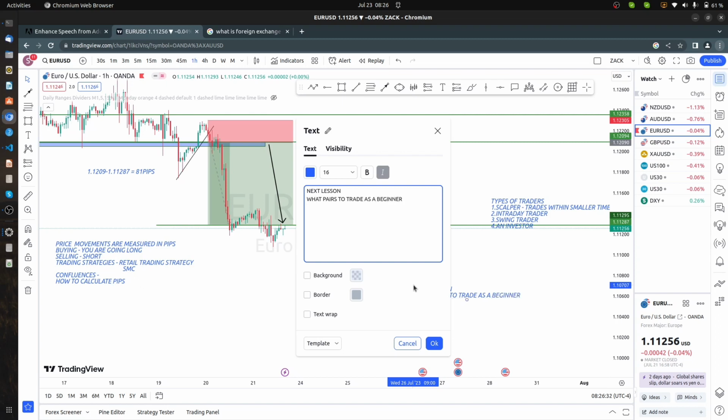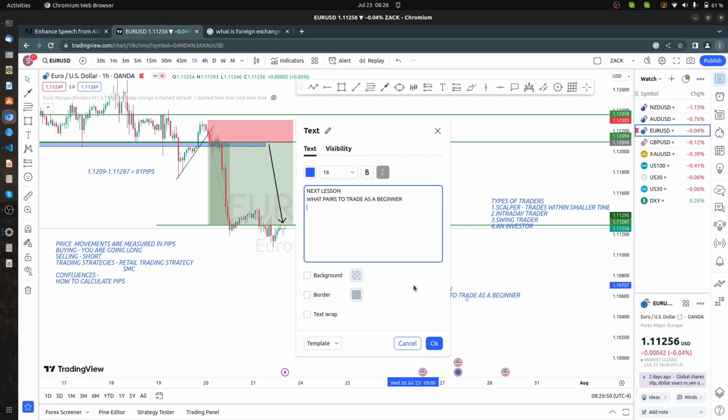These are simply pairs that will help you start making profits in the market while understanding it better. You know, there are pairs that you can't be a beginner and start trading things like gold. You'll make a lot of losses and you'll hate forex for no reason. So that's why we'll talk about what pairs to trade as a beginner.